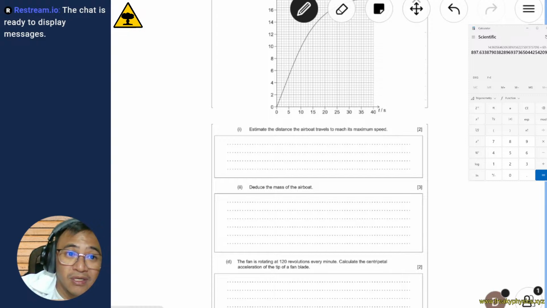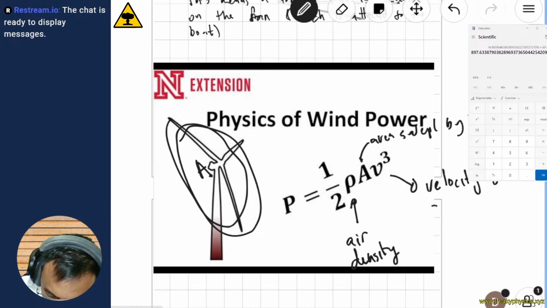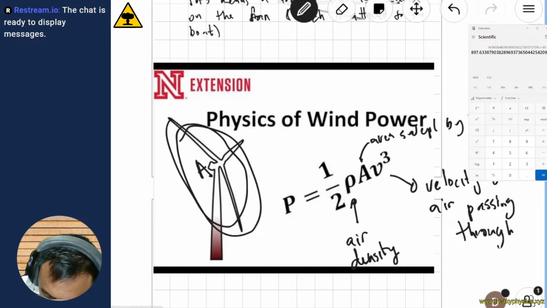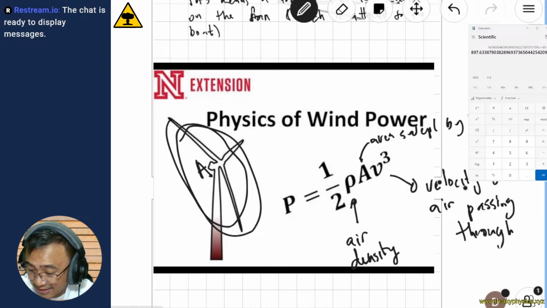Of the air passing through. Now, I'm just gonna tell you why we need this formula. In other words, we can't really solve this with what you know yet. The reason we need this formula is we can reverse it.